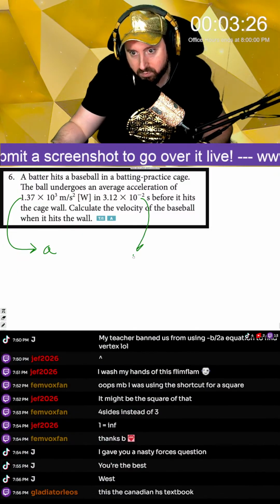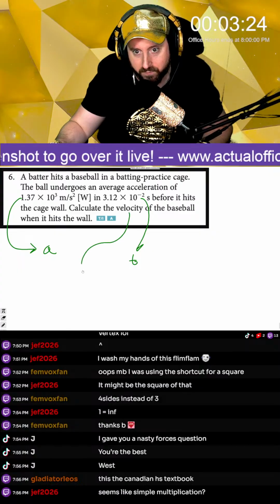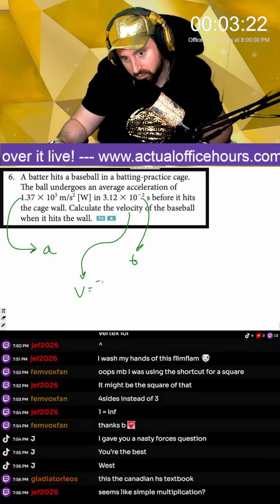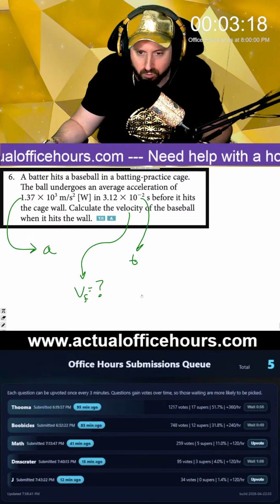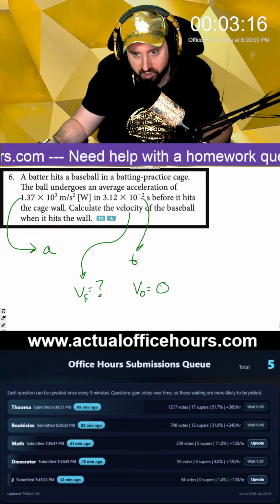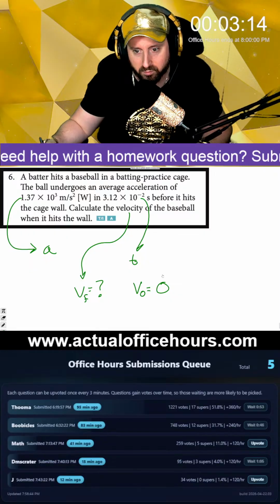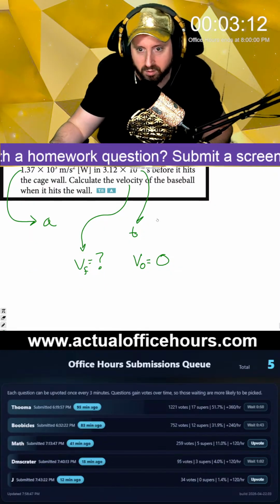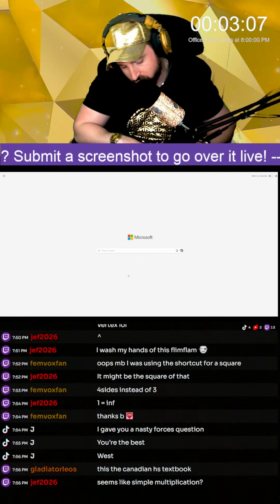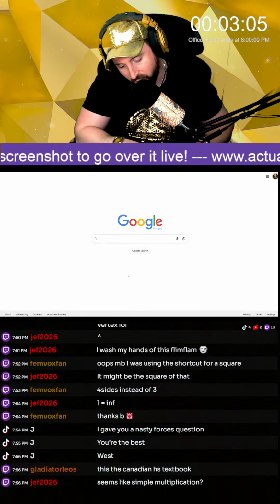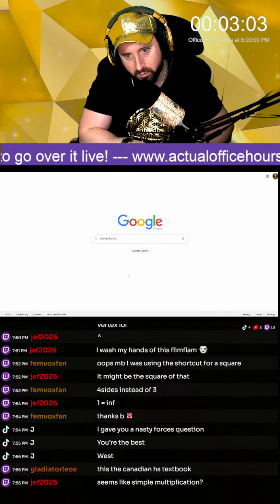And I have time. And I'm trying to find V, right? In this case, I'm trying to find VF. I think we're going to assume that V naught is equal to 0. And how you always do these questions, Jay, is you look at your kinematics equations and see which equation has the things you want and what you're looking for.